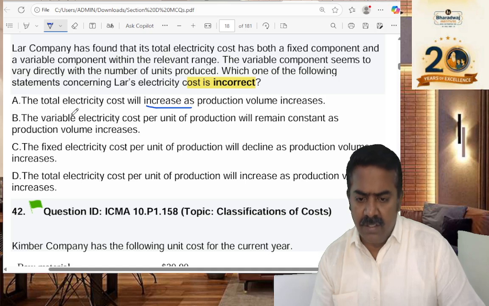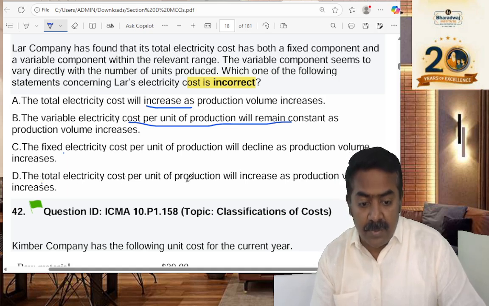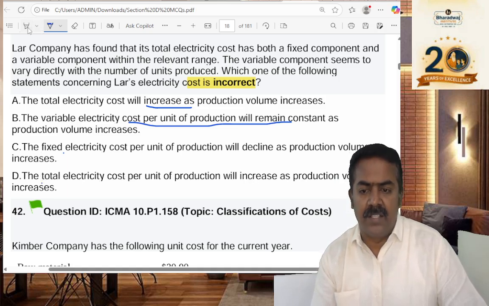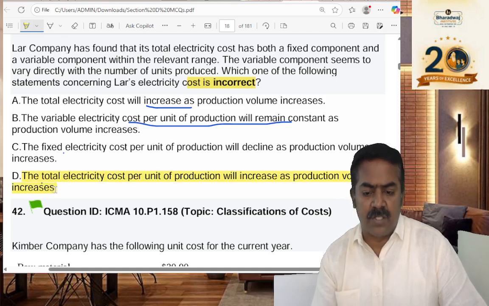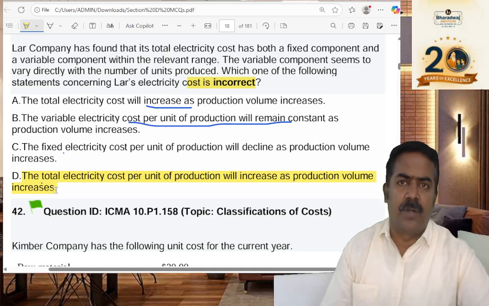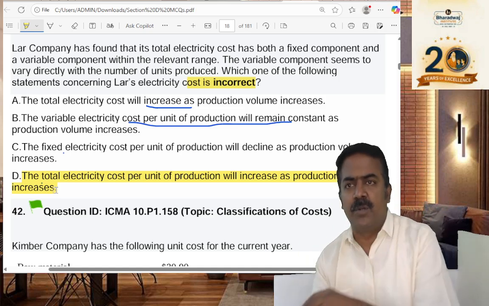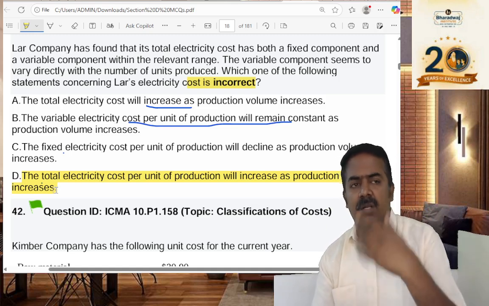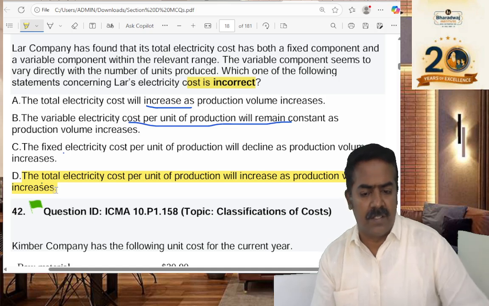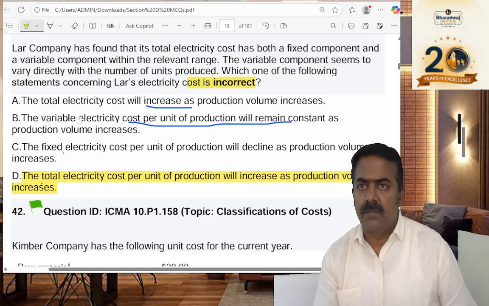Okay, correct. Variable electricity cost per unit will remain the same, correct. Fixed cost per unit will decline as the production volume increases, that is also correct. Total electricity cost per unit will increase? No, it will decrease. Why? Because of the fixed cost component. Variable cost component will remain the same. Fixed cost, when you produce more units, will come down. So overall cost per unit will come down when production increases. That is incorrect.